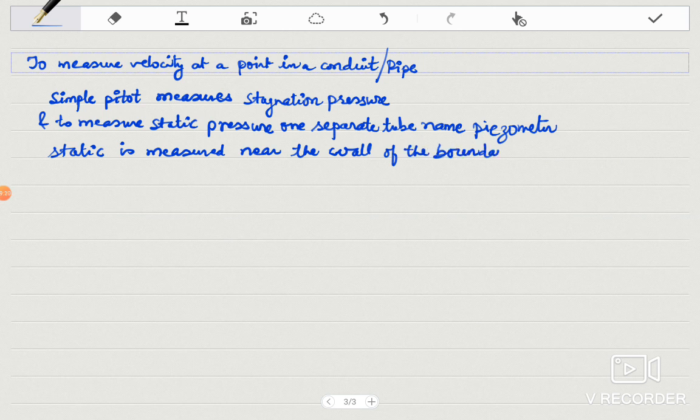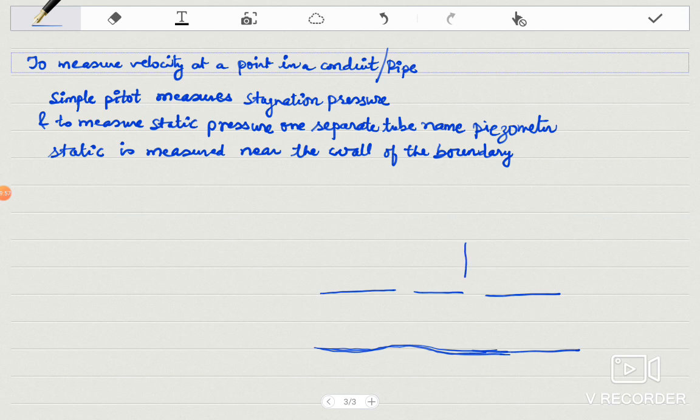Now it would be better that we first draw it, and then you may understand it more clearly. Suppose this is a closed pipe. In this pipe, we want to measure the velocity at a point.